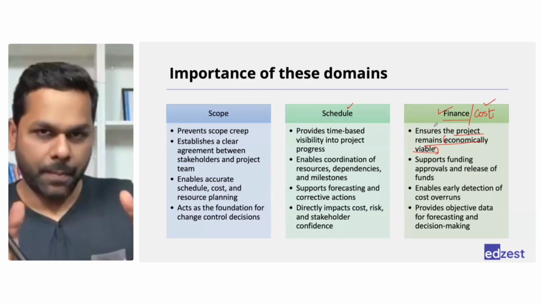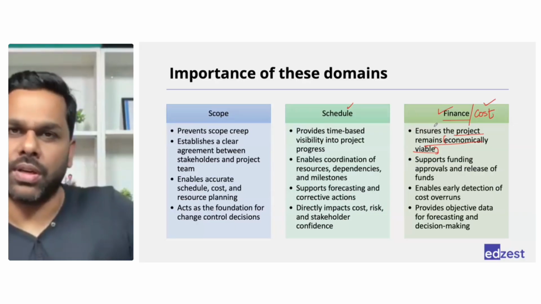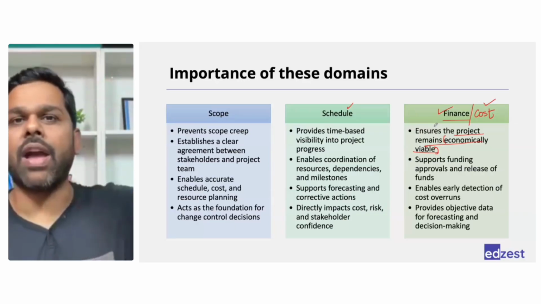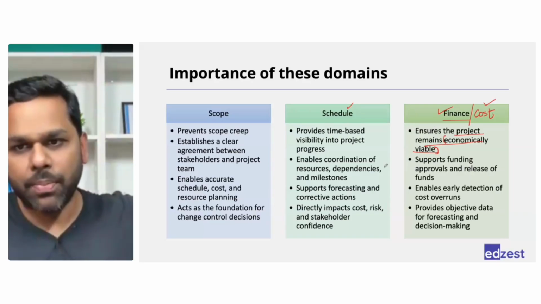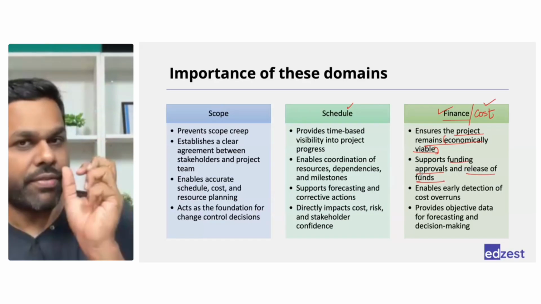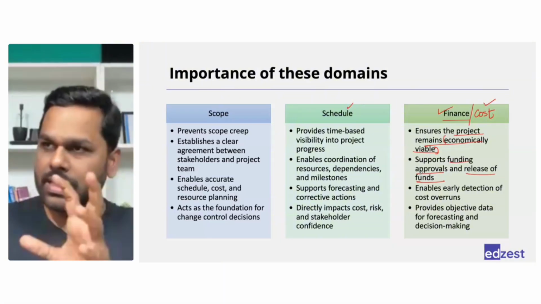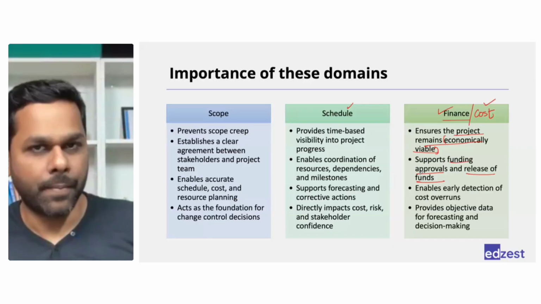When you create the budget and you take an approval from management, you take an approval from sponsor, they are also aware that at this point of time, they would need to arrange the money. So it supports your funding approval and release of funds. You have to give that visibility to your management that this is a 3 years project, and every 3 months, I would need this much amount of money.